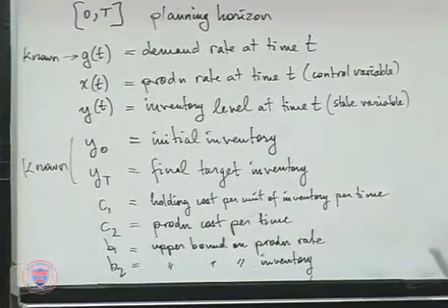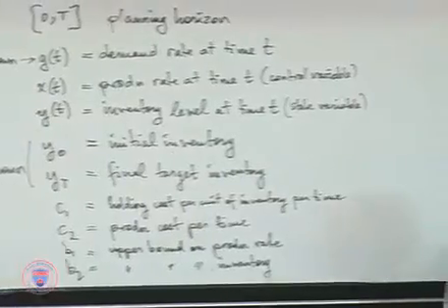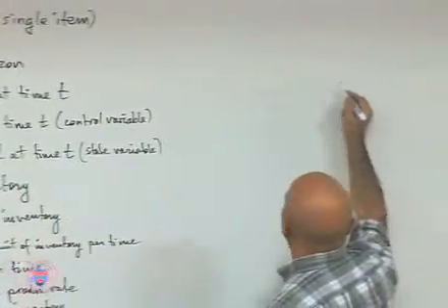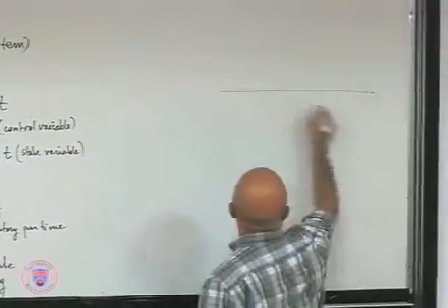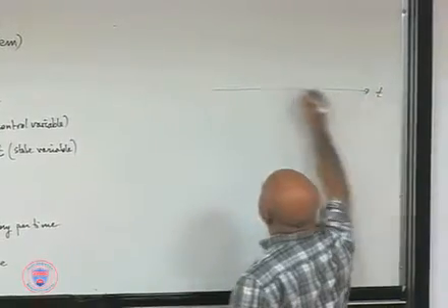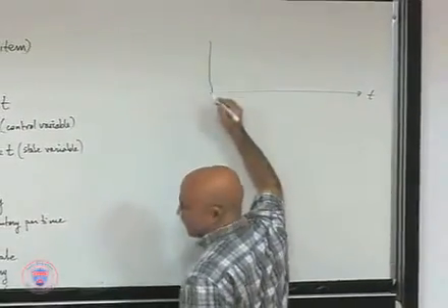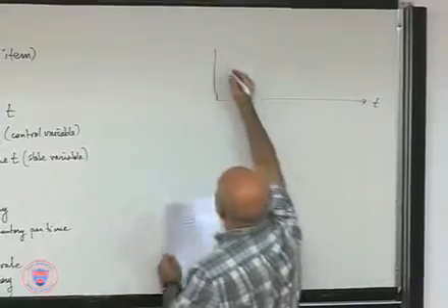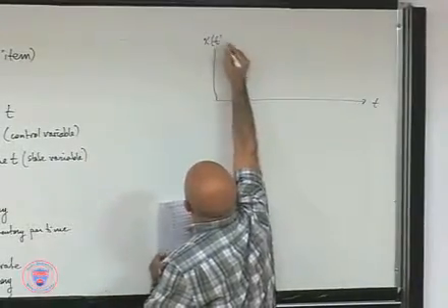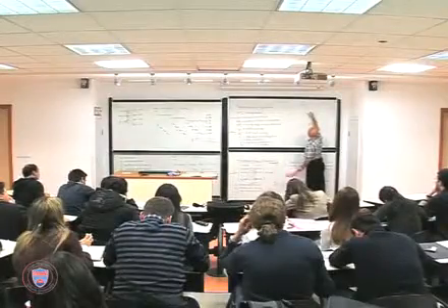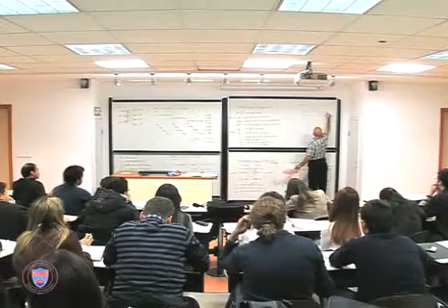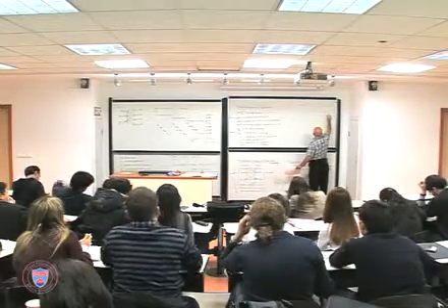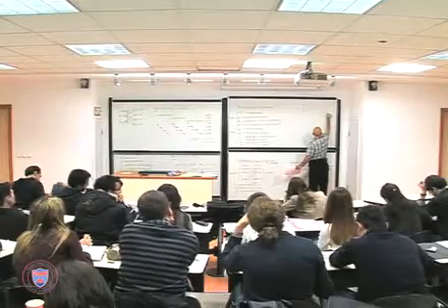All right. So here's the problem. Well, before I state the problem, let me just draw a picture here. This is the time axis. Your production will be something along the time. Okay?